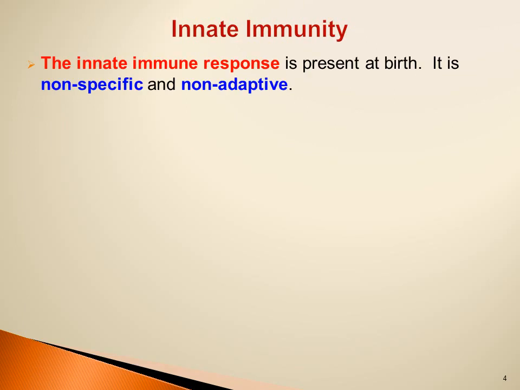Let's start now with the innate immunity or innate immune response. The innate immune response is present at birth. So we are born with that immunity. It is non-specific and non-adaptive.